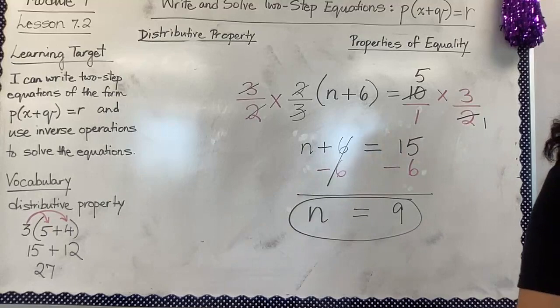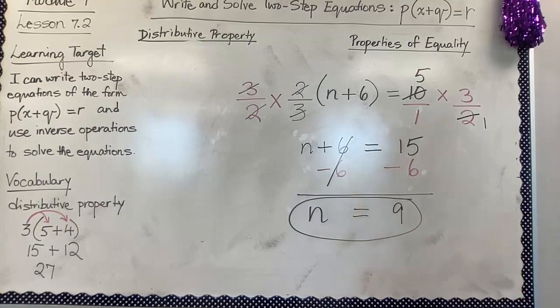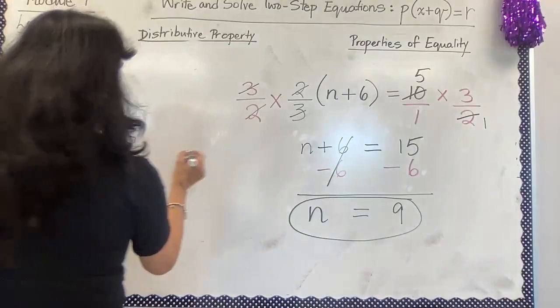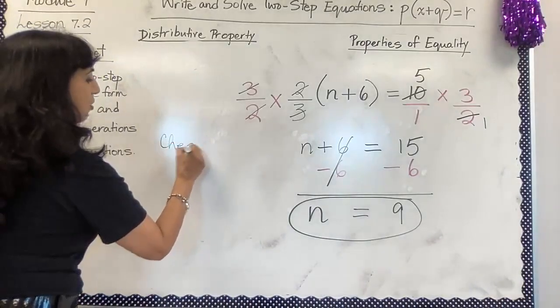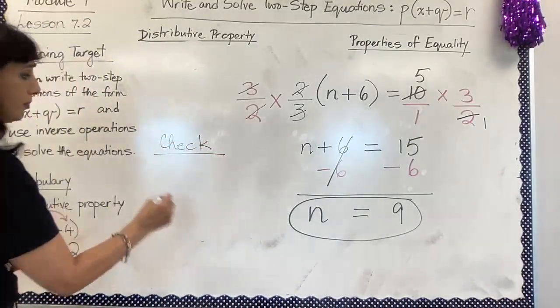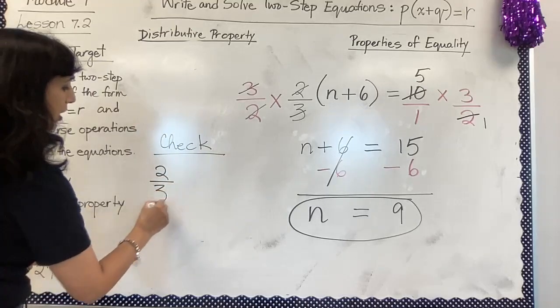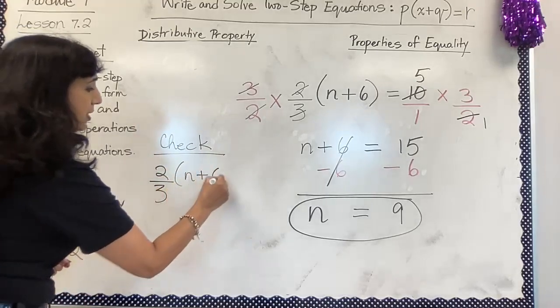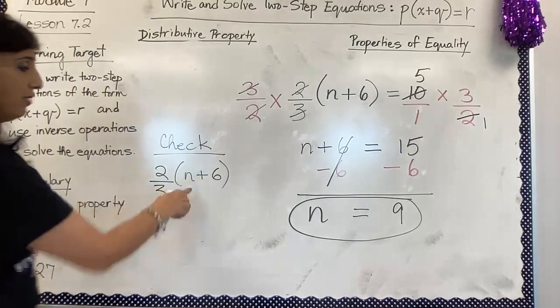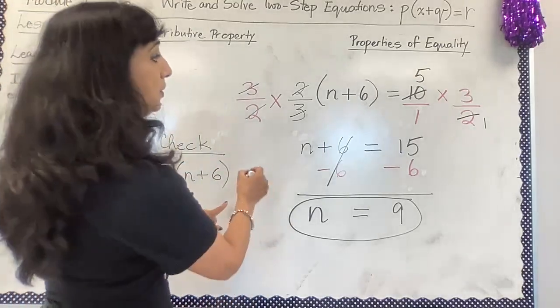Okay. And you can always check your answer by writing the original equation. So if you're checking to make sure that you have the correct answer, you have 2/3 n plus 6 is equal to 10.